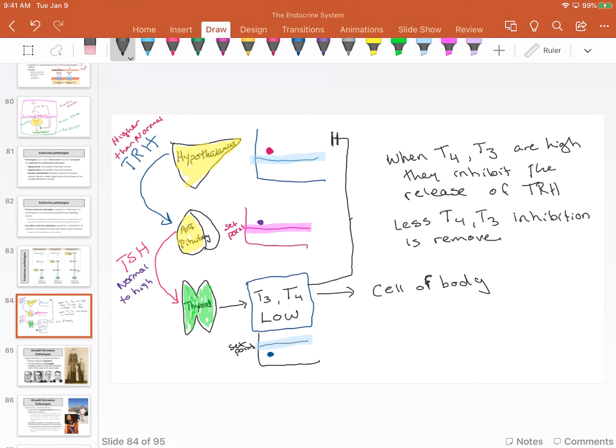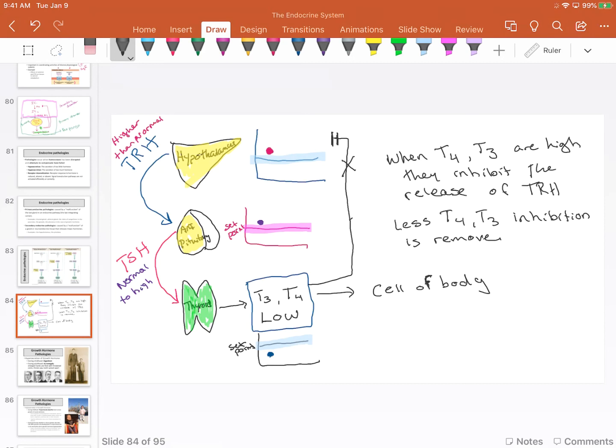So based on this, I have less T3 and T4, which means these brakes are gone. And so of course I'm going to make more TRH. My hypothalamus is behaving exactly as I would expect it to behave.